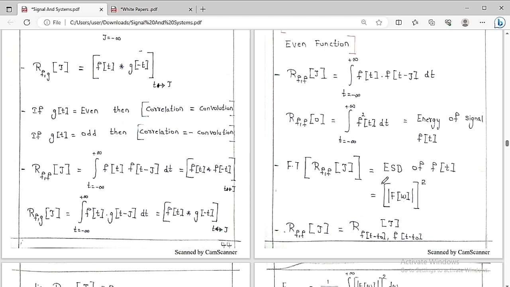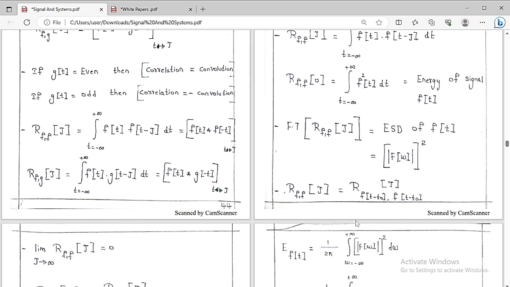This one you have to remember: the Fourier transform of the autocorrelation is equal to the energy spectrum density of f of t, or mod of F of omega whole square.